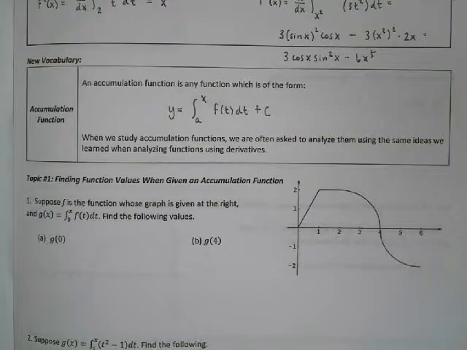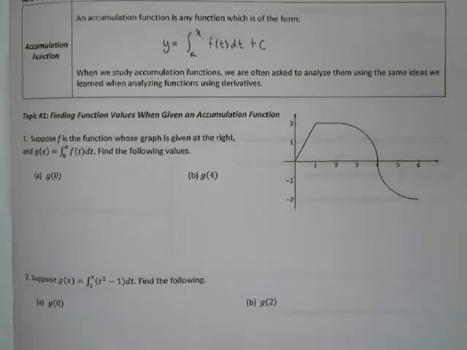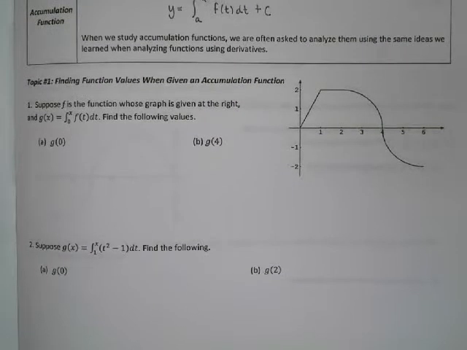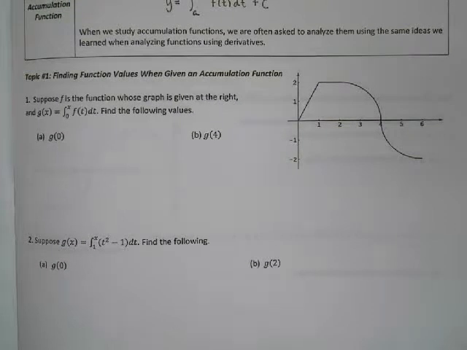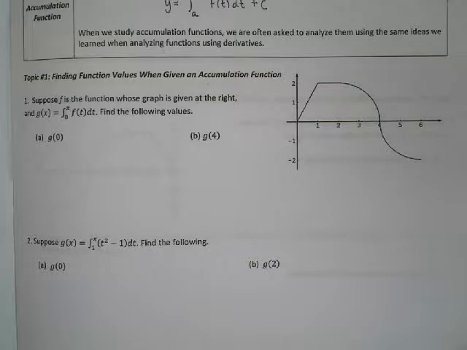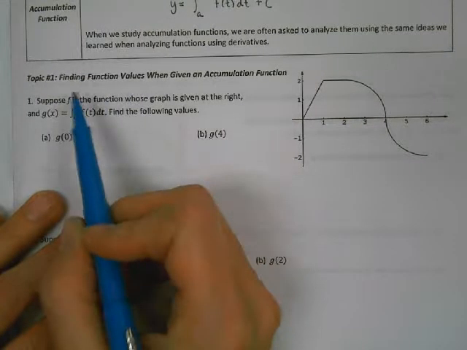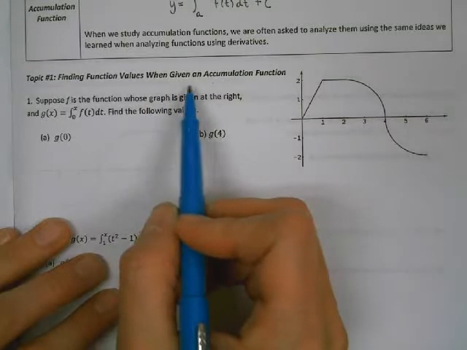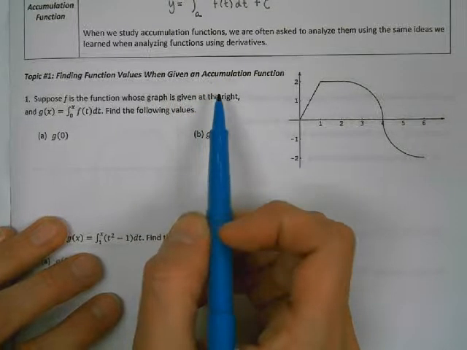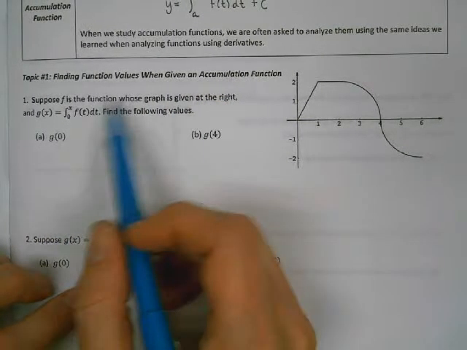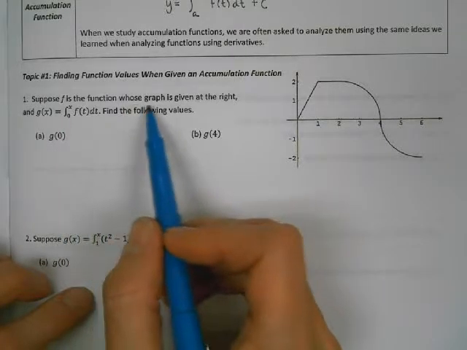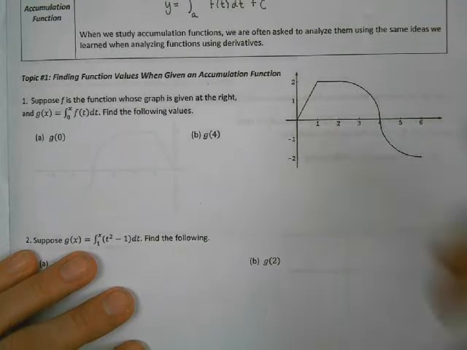So here we go. We have about, I think, 4 topics to cover in this video. So kind of basic ideas we need to be able to do with these accumulation functions. So the first one is to find a function value when we're given an accumulation function. So it says, suppose f is the function whose graph is given at the right.